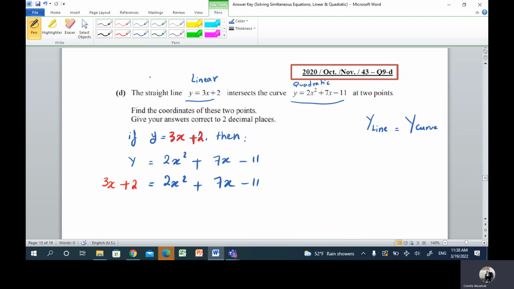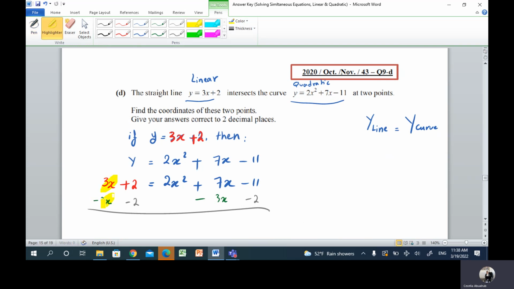The next step, we need to bring all the terms. We need to make the left side 0 and move all the terms to the second side. So we're going to say minus 3x on both sides, and minus 2 on both sides.